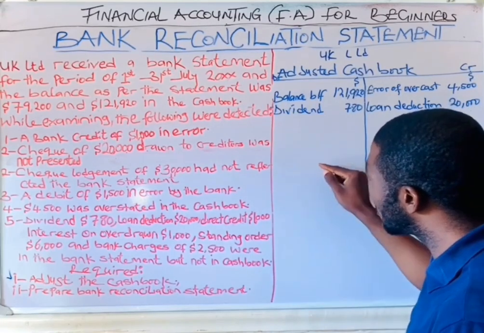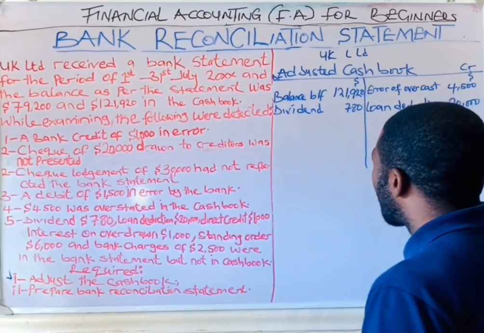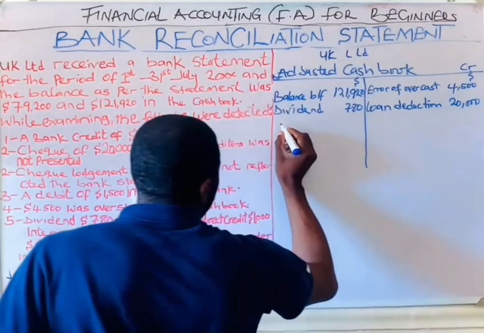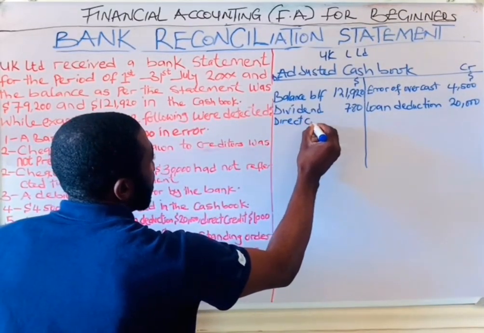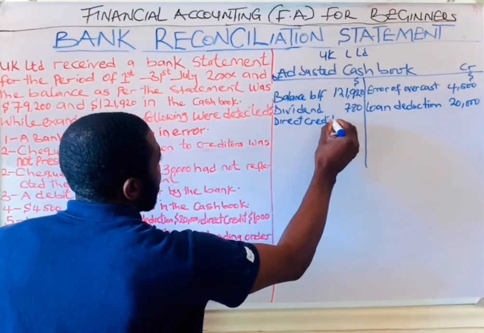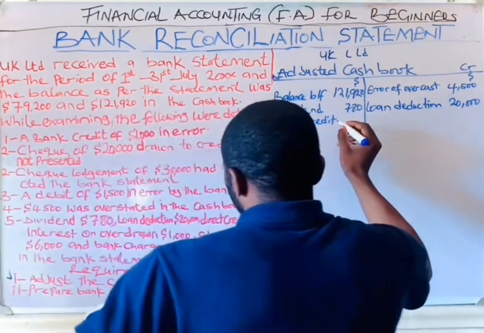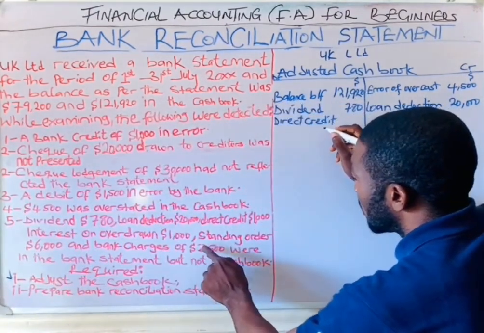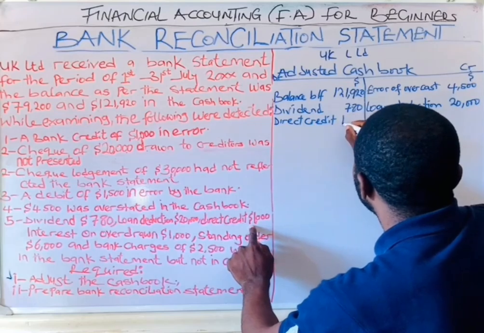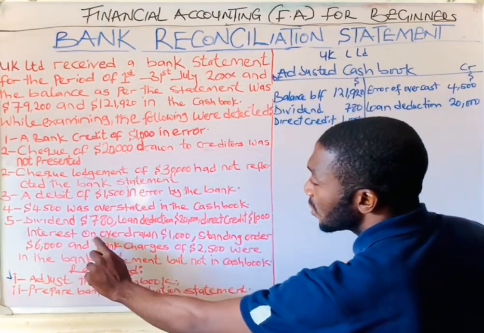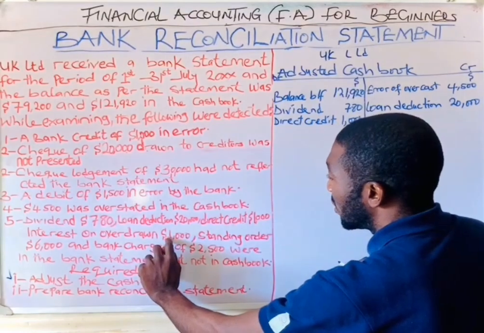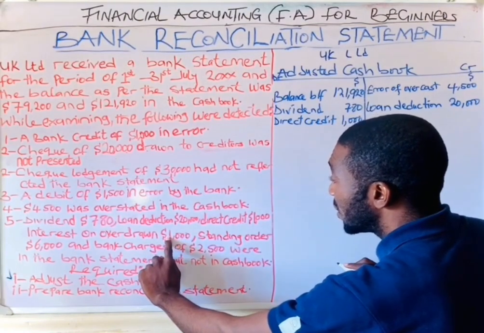We're going to bring it to add to our cash book balance. Say direct credit of $1,000.